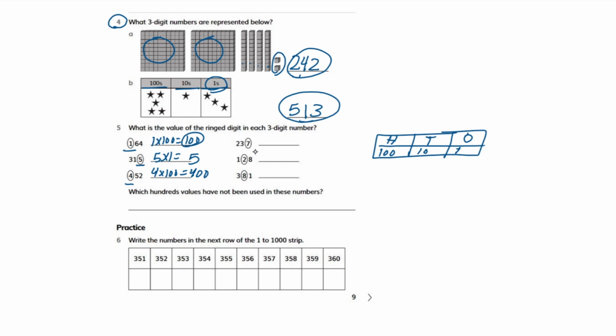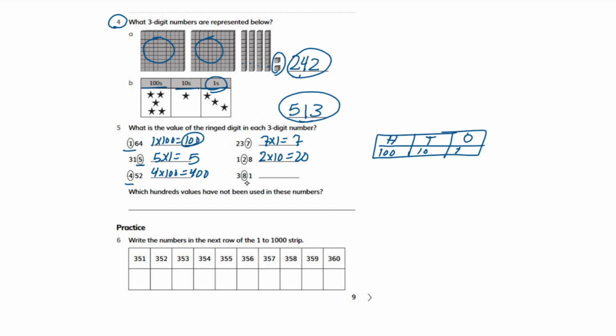The fourth number is 237 and the ringed digit is 7. 7 is in the ones place, so we will multiply it by 1. 7 times 1 is 7. The fifth number is 128 and the ringed digit is 2. 2 is in the tens place. So what do we have to do? We will multiply it by 10 and the value of 2 in the tens place is 20.